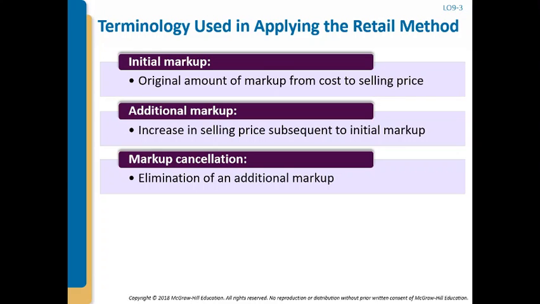So what you can have is your initial markup, an additional markup, and then have all or a portion of that markup canceled through a markdown.